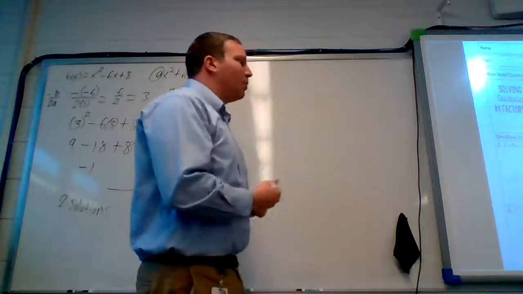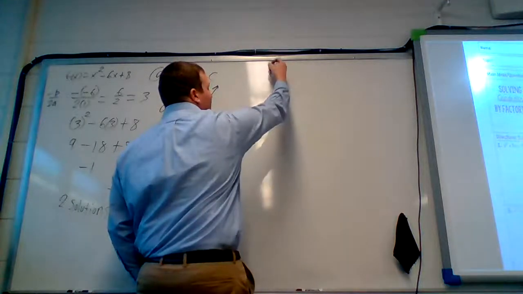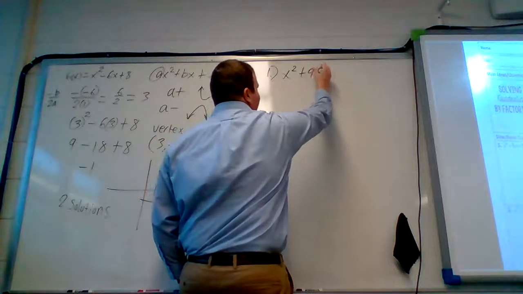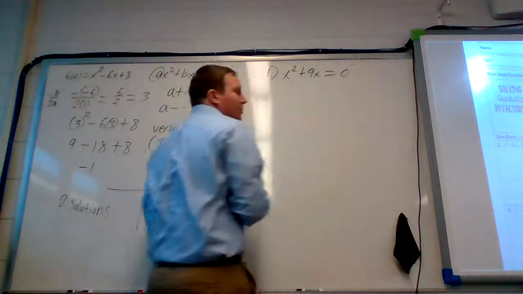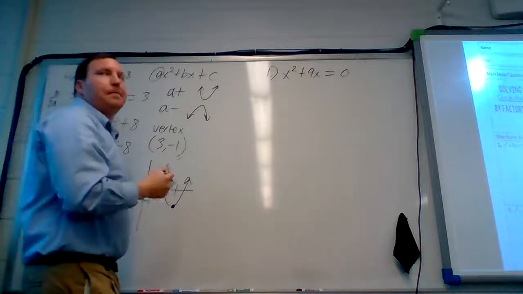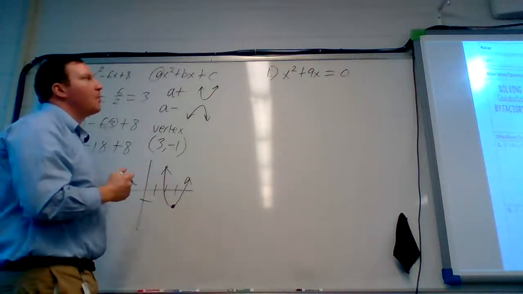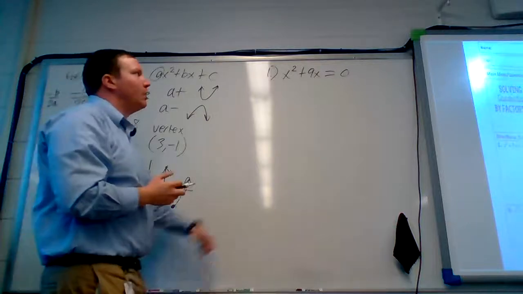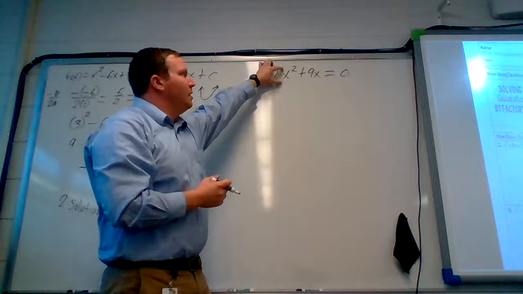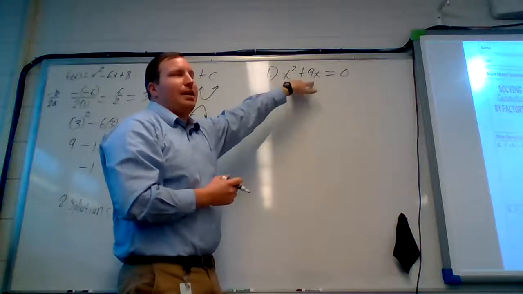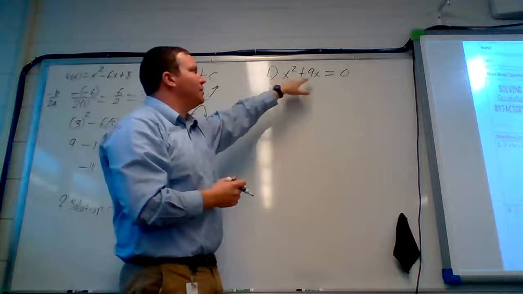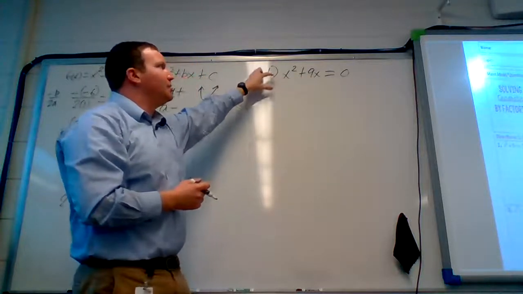So let's look at number 1. We've got x squared plus 9x equals 0. We want to factor this as much as possible. We only have 2 terms, so that's a hint that we really only have 2 methods we could use, perfect squares or our GCF.